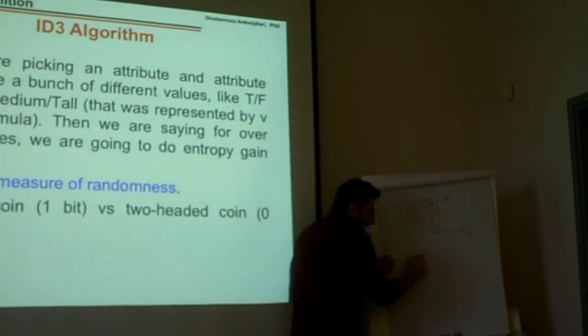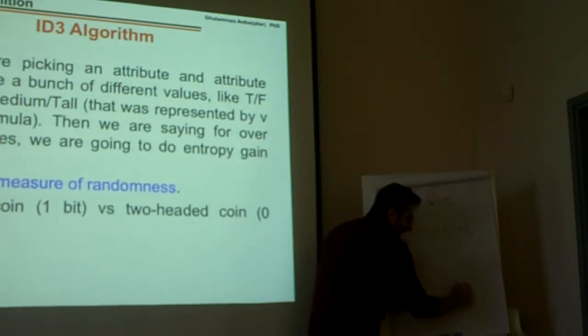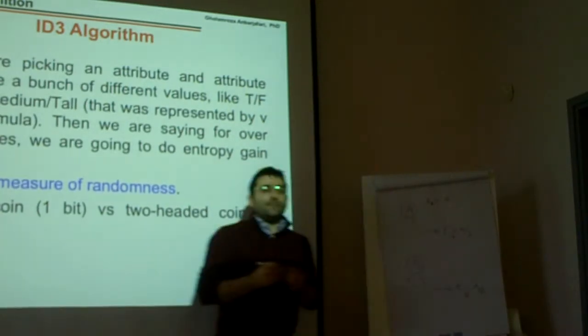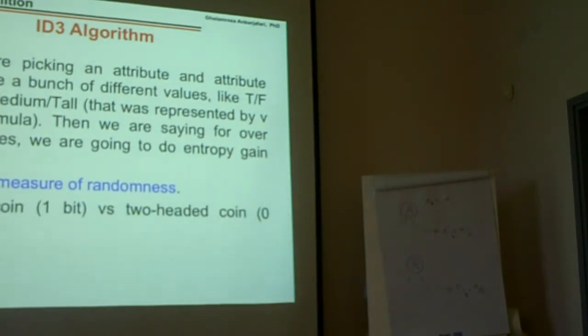And I have another attribute B, that if I use it, the entropy of B will be alpha over 10. Now, you tell me, which attribute is better? Which attribute is better? A or B?